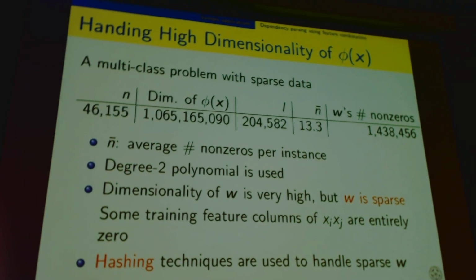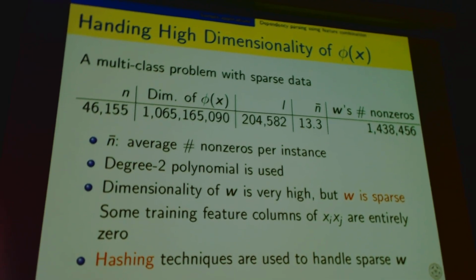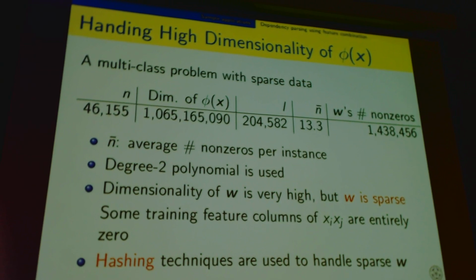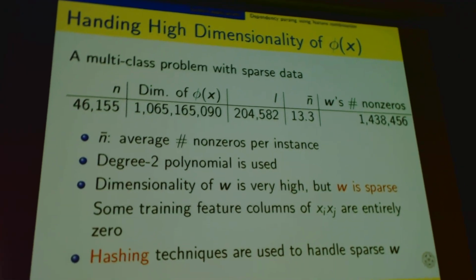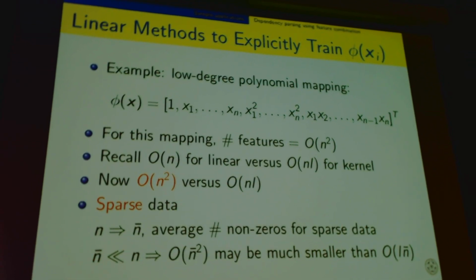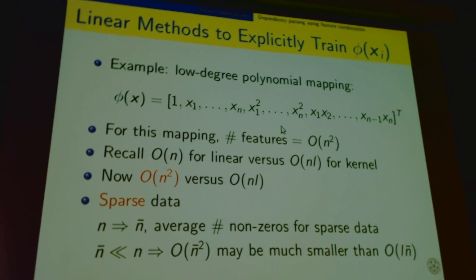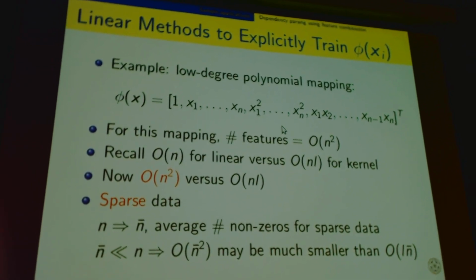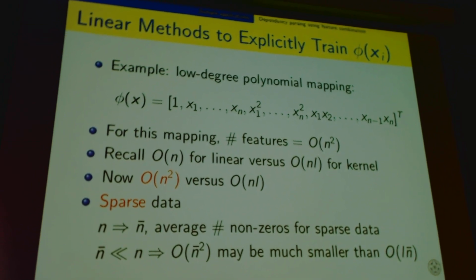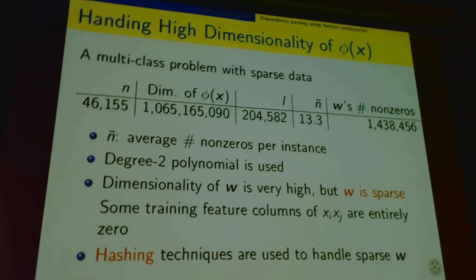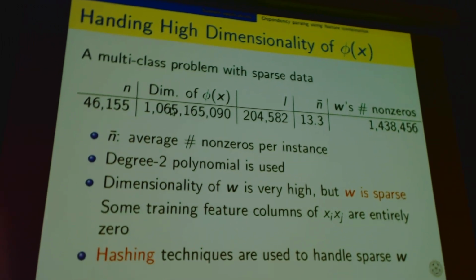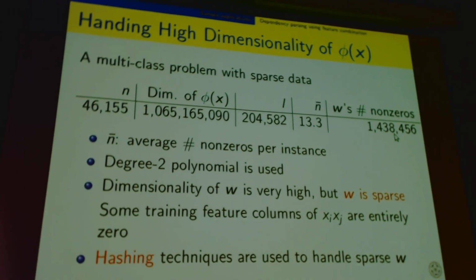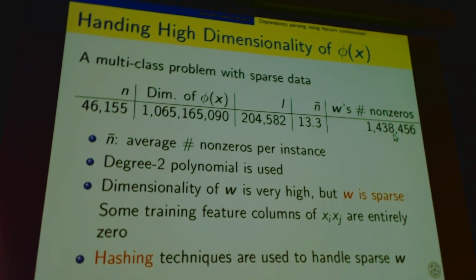It is so sparse to the point that after degree 2 polynomial mappings, many features never have non-zero training feature values. So after this polynomial mapping, a lot of feature columns are in fact entirely zero and can be removed. Therefore, among the 1 billion features, only slightly more than 1 million have non-zero values.